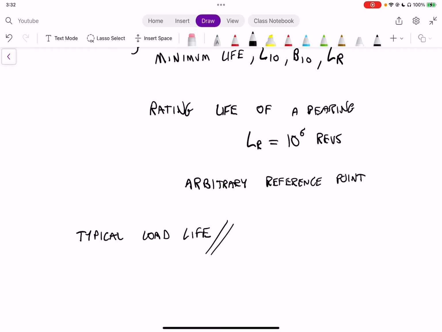So what typical load life means, and what it essentially is trying to determine, is based on the amount of force on a bearing, we might have a different life for the bearing as well. So in addition to just rating the life at 10 to the 6 revolutions and thinking of the life of a bearing based on its revolution, we also need to look at life based on the amount of load that we put on the bearing.